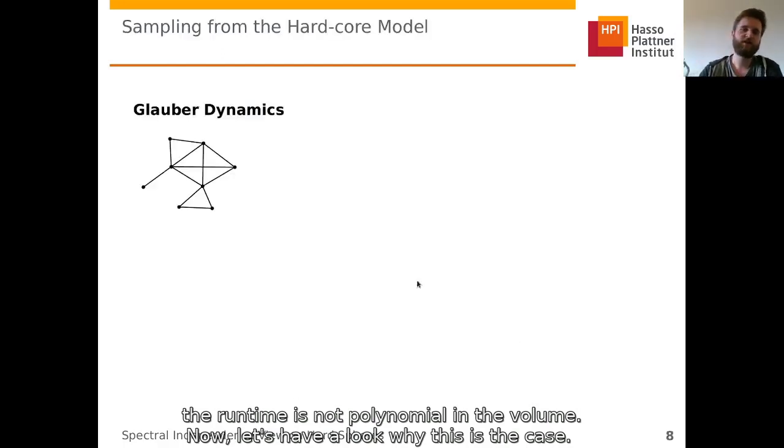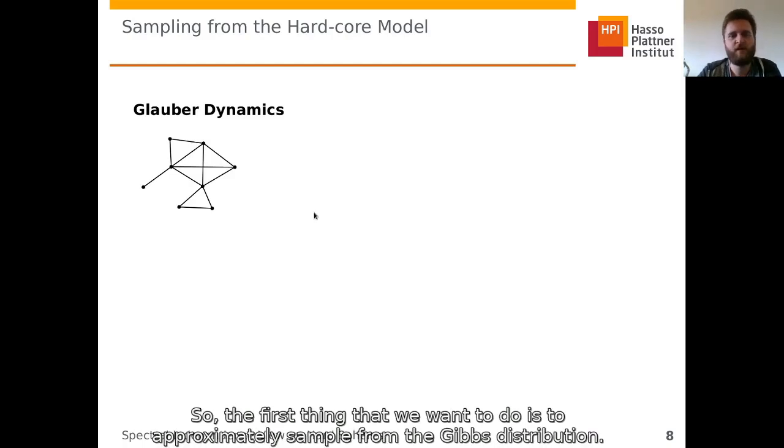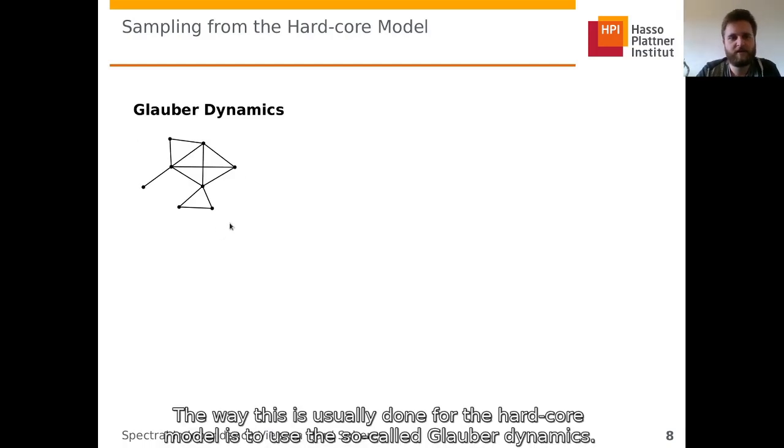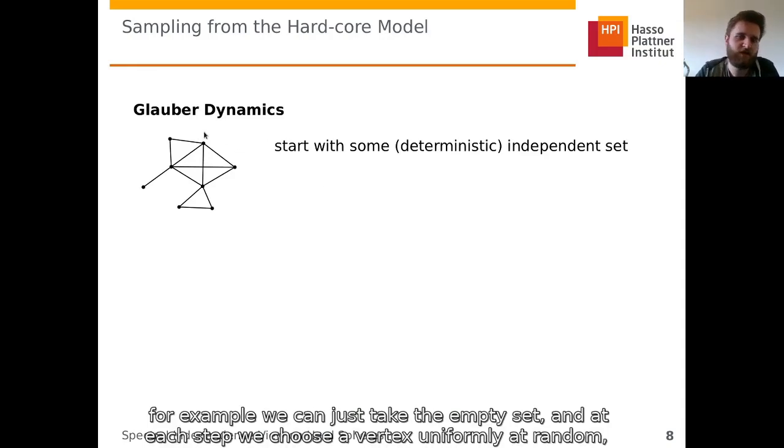Now let's have a look why this is the case. As I said, we are going to apply a Markov chain Monte Carlo algorithm. So the first thing that we want to do is approximately sample from the Gibbs distribution. And the way that this is usually done for the hardcore model is so-called Glauber dynamics. So the idea is we start with a deterministic independent set, for example, we can just take the empty set.